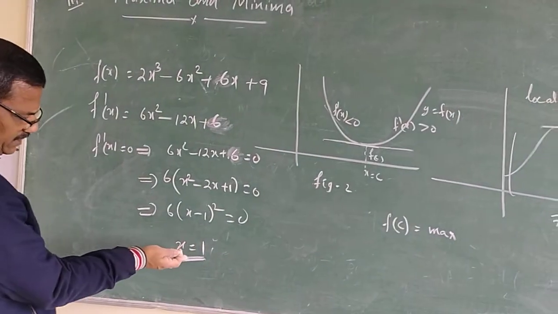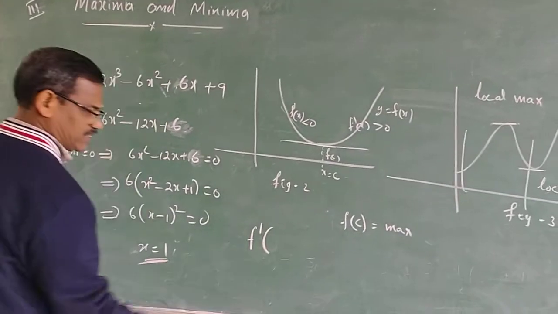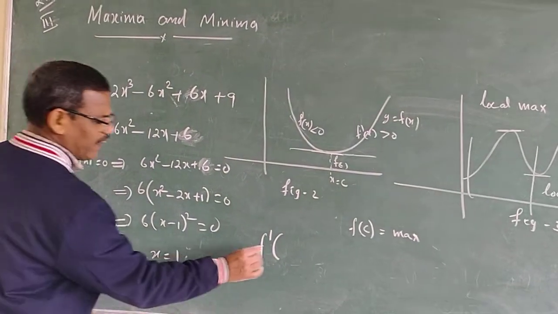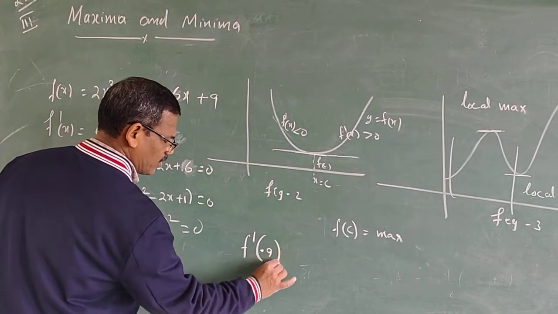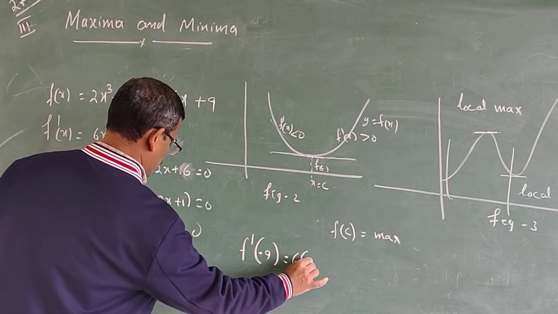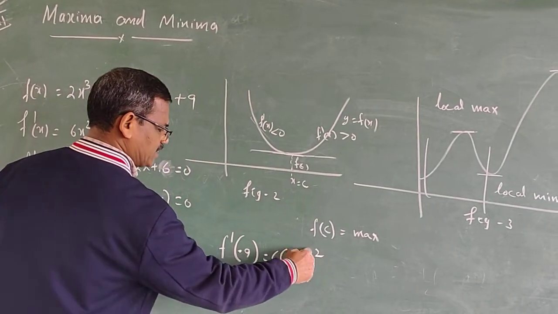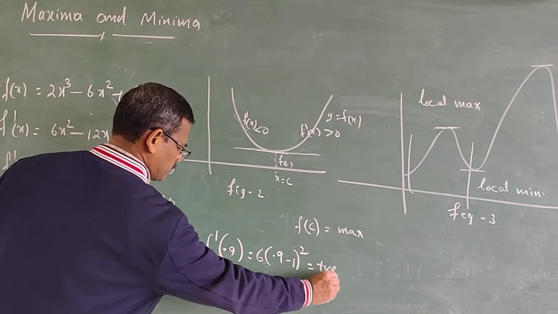Now, to check whether it is a maximum point or minimum point, you should find f dash left of 1; I will take 0.9. When I take 6 into 0.9 minus 1 whole squared, you can see that it is a square term, so it is always positive.